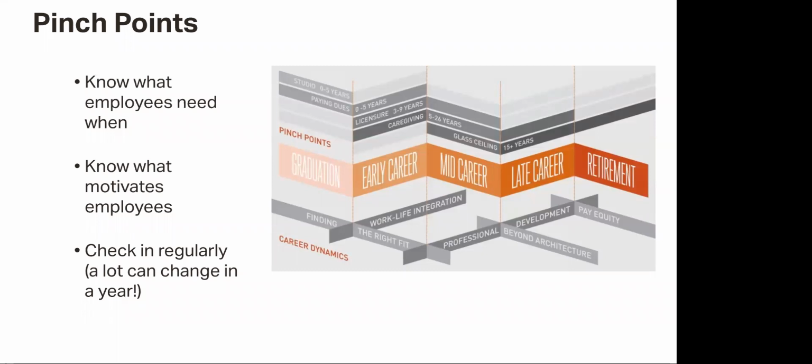And so I know that there's a pattern of annual reviews, but what are other ways that you can check in with employees to understand where they see themselves? Are they at a valley or are they at a peak? And how can you help support them and build those bridges that Rachel showed across?